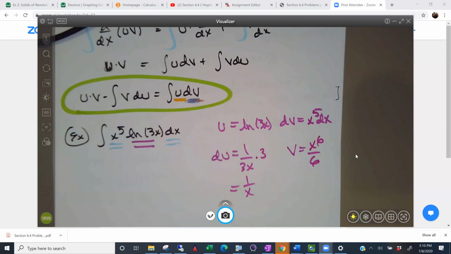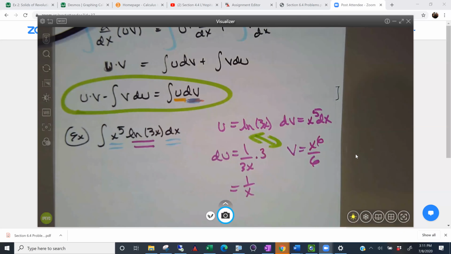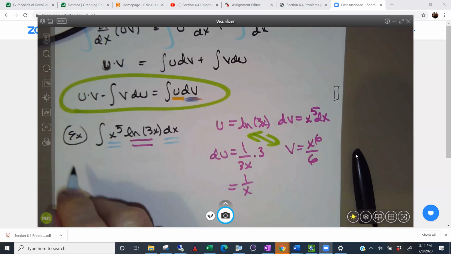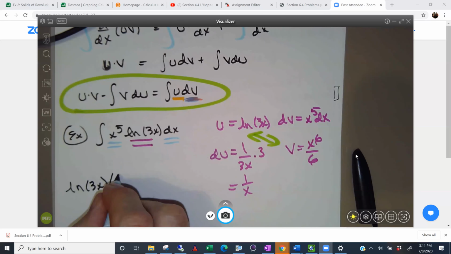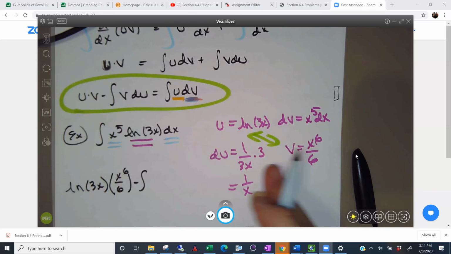The first thing I need is u times v. So let's write that out here. U times v is going to be ln of 3x times x to the 6th over 6, minus the integral of v du. So v times du.